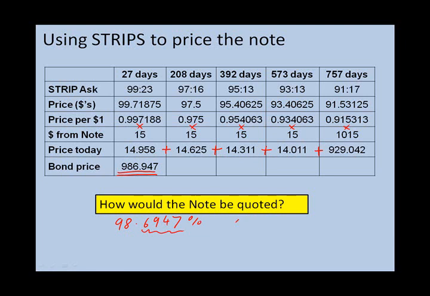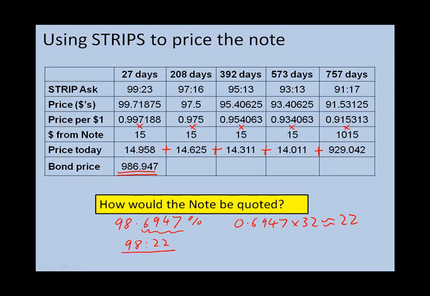We can do that, so 0.6947 times 32 is approximately equal to 22. That means the quote that we would see would be 98:22.